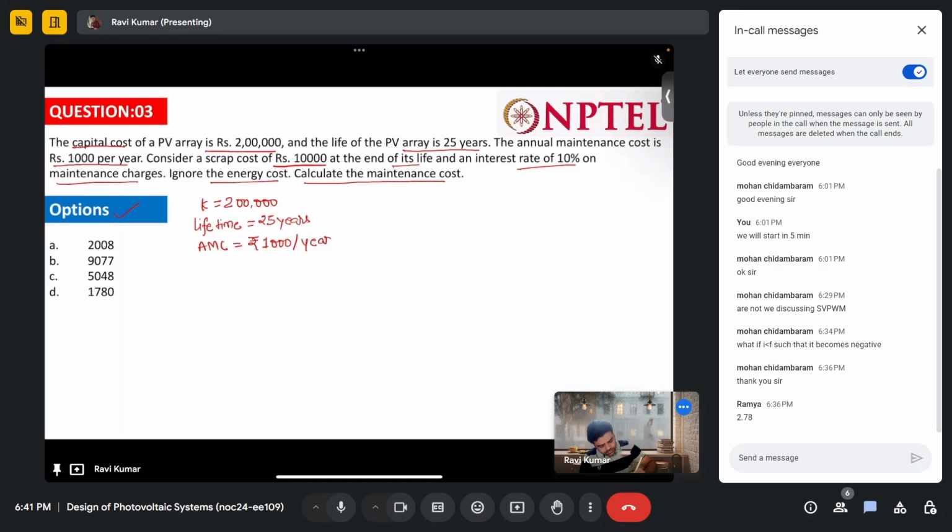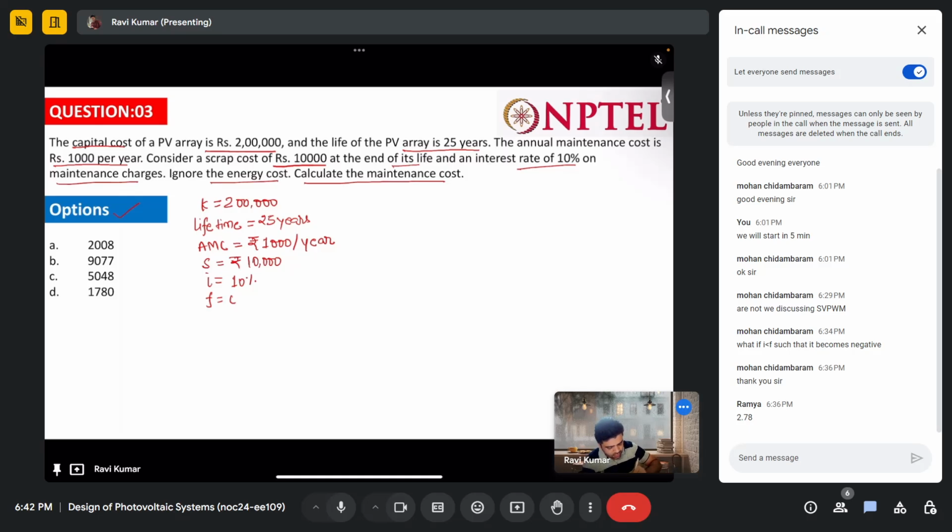Scrap cost is given rupees 10,000. Interest rate is given 10%. Inflation we will consider 0 because not given. Energy cost we need to ignore.